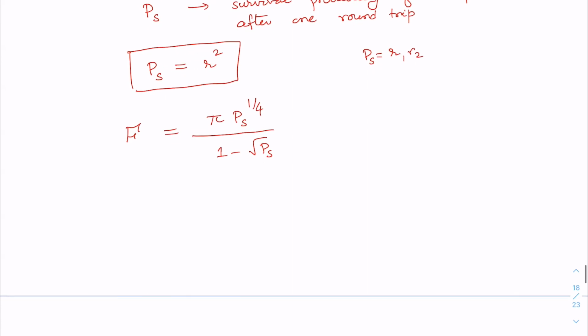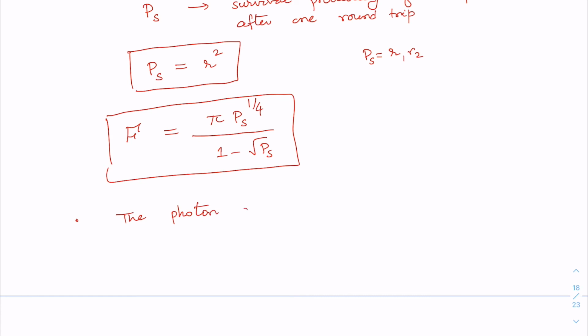So the probability, this is what we are going to use now, the probability that the photon gets lost after one round trip.